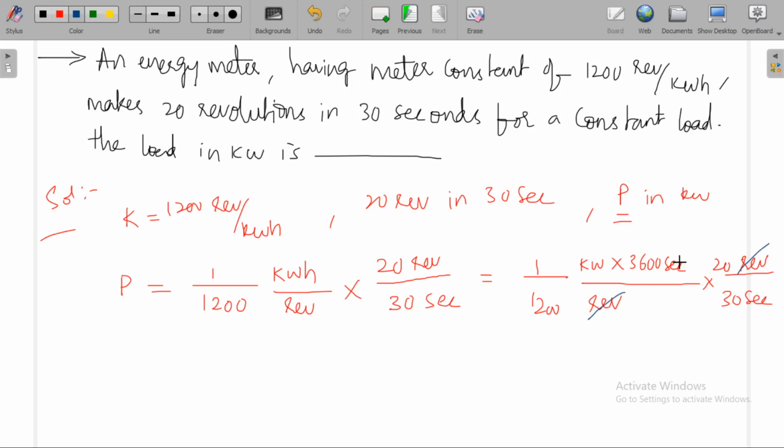Revolutions will get cancelled, seconds will get cancelled. Sorry, 120. This will be 10 2s are 20, so this will be 2 kilowatts. Thank you.